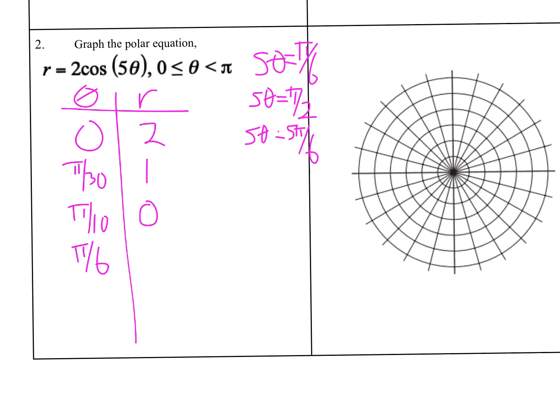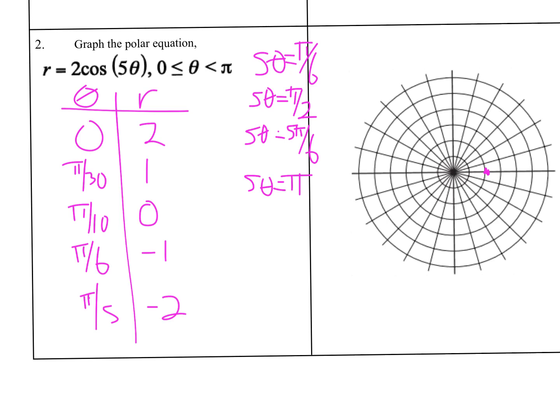And cosine of 5 pi over 6 is negative half, so negative 1. And then pi. So I want 5 theta to be pi, and that's pi over 5. At pi over 5, that's going to be negative 2.